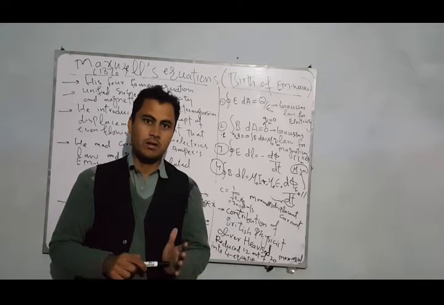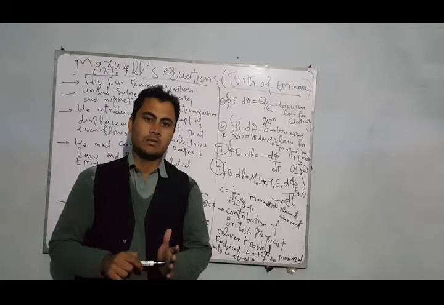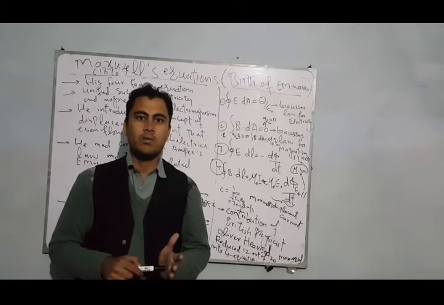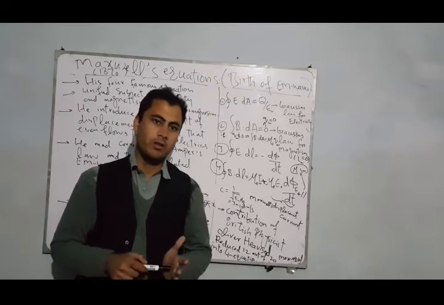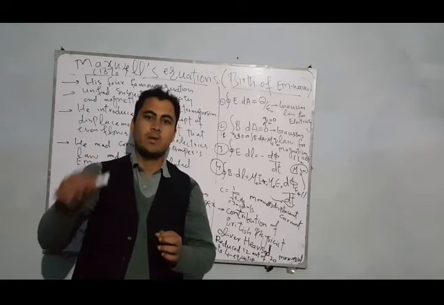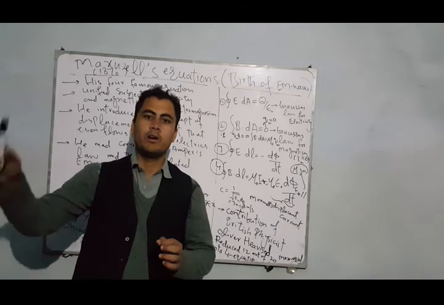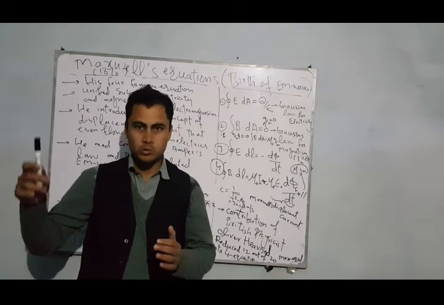Maxwell also said that light basically consists of a fluctuating electric and a fluctuating magnetic field, and the electric field produces a magnetic field while the magnetic field produces an electric field, which support each other in space, and due to which electromagnetic waves are generated and propagate through space.